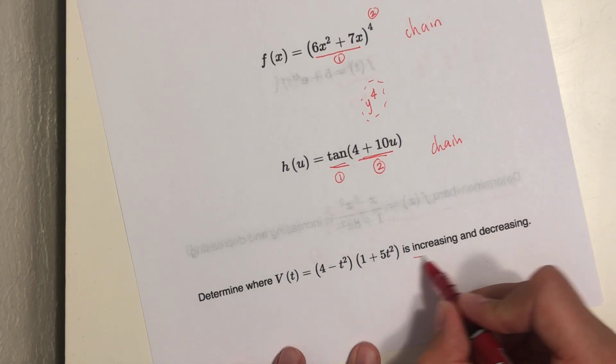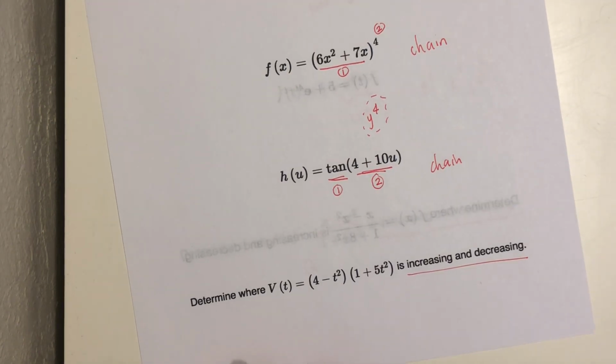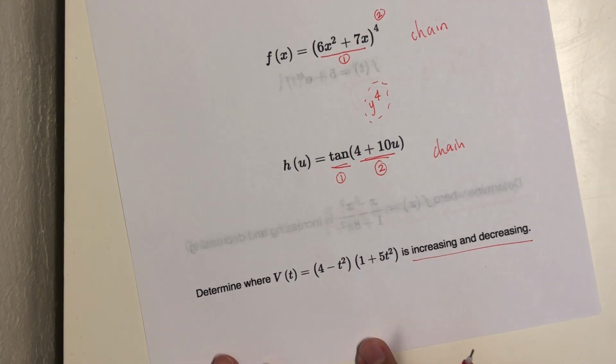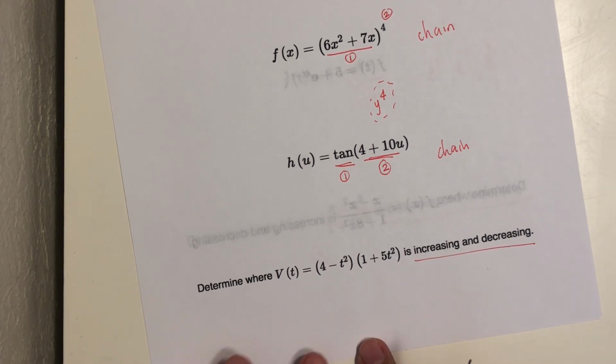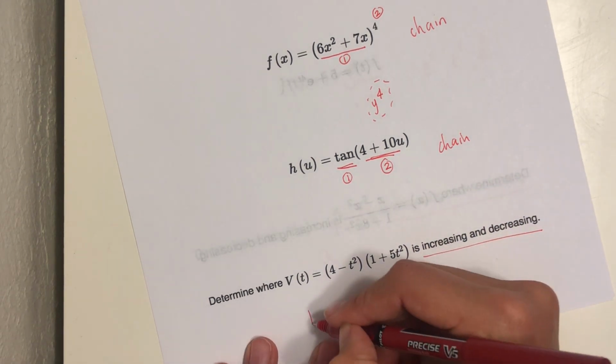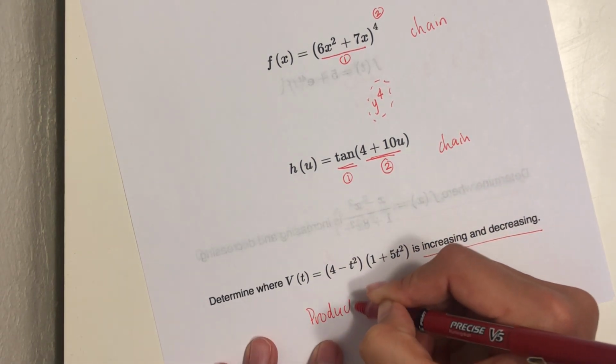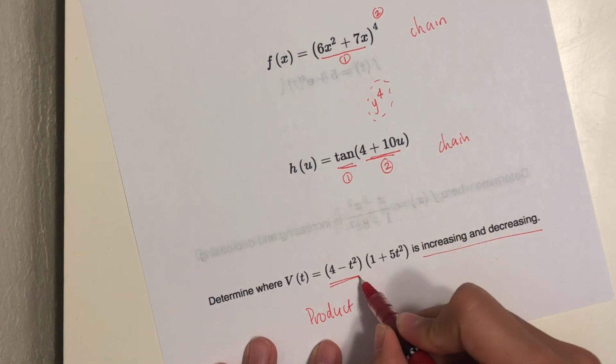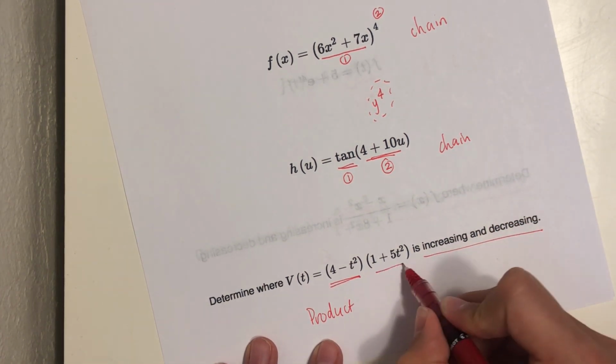Again, it's asking where it's increasing and decreasing. So it's not just to find the derivative, but you need to find the derivative to accomplish this problem. The rule associated with this problem would be product rule, because you have one function here multiplied by this function here.